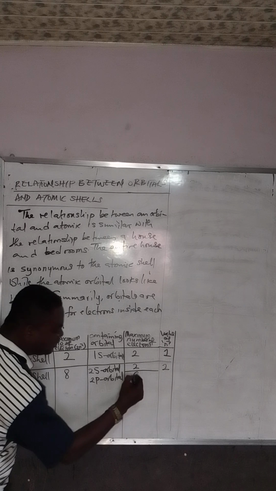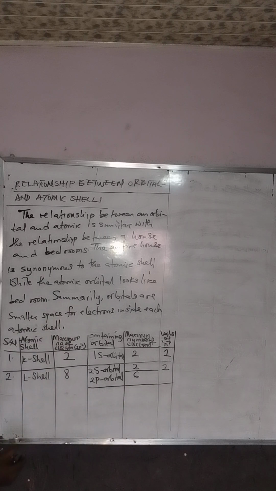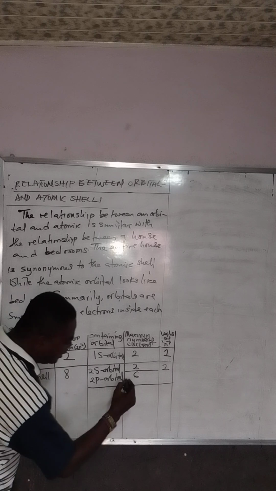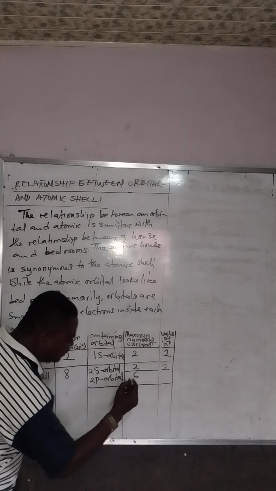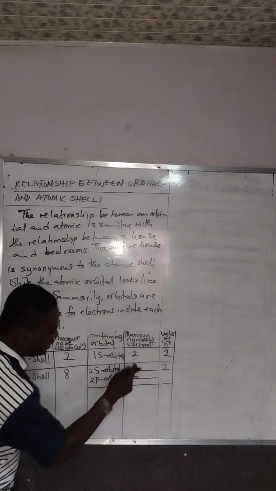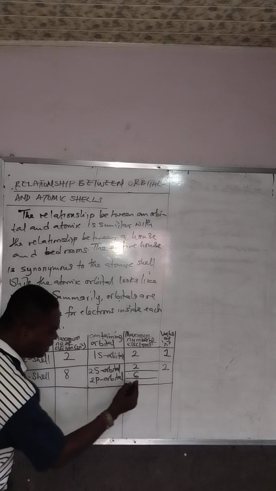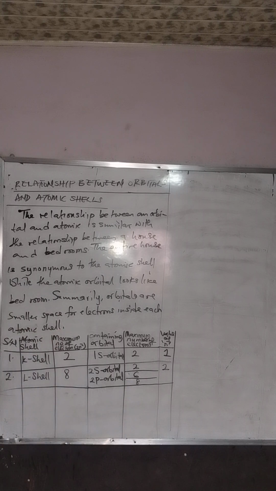P orbital can carry a maximum of 6 electrons, which we have done. In total, when you add them together, the maximum number of electrons this L shell can carry, 2 plus 6, is 8. So we can see that this 8 is equal to this number.